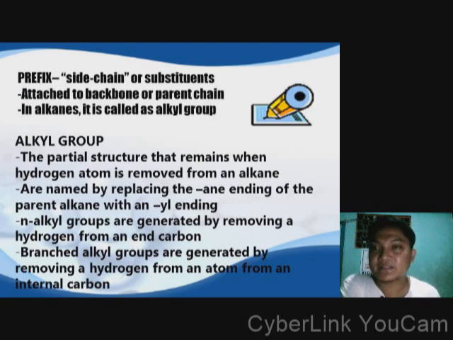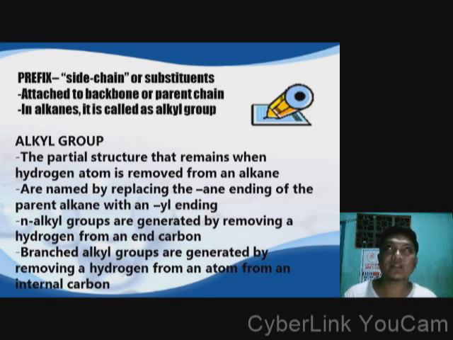Okay, prefix. When we say prefix, that is your side chain or substituents attached to the backbone or parent chain. In alkanes, the first hydrocarbon, it is called the alkyl group. The partial structure that remains when a hydrogen atom is removed from an alkane is named by replacing the -ane ending of the parent alkane with an -yl ending.